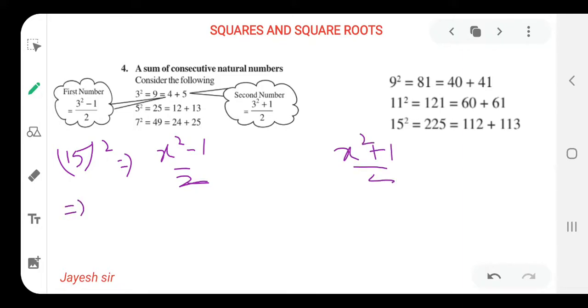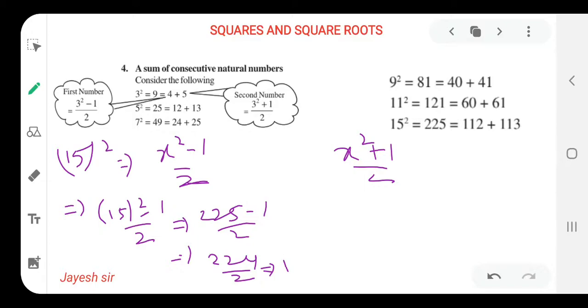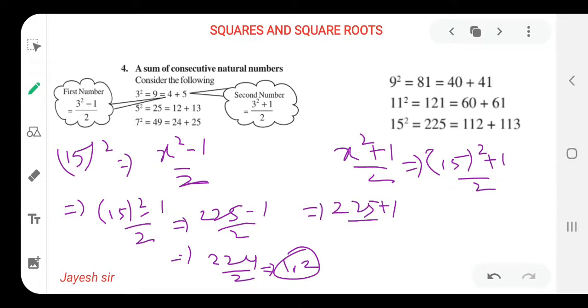Now x square, that means 15 square minus 1 by 2, that would be 225 minus 1 by 2, that is 224 by 2, that will result in 112. Similarly, 15 square plus 1 by 2, that would be 225 plus 1 by 2, that would be 226 divided by 2, which results in 113. That means the two consecutive numbers are 112 and 113. I hope you all might be getting it, friends.